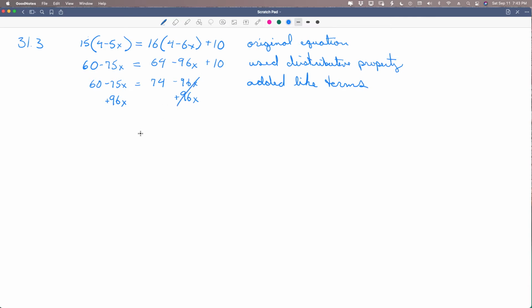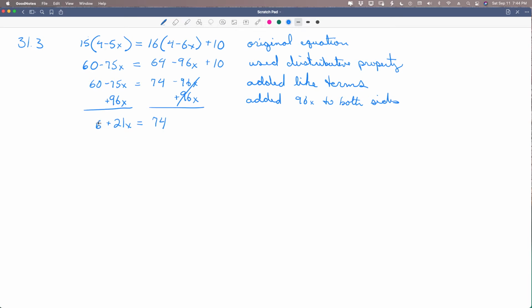It cancels out. Added 96x to both sides. All right, so this is going to be 60, and this is going to be plus 21x. Equals, we'll bring our 74 down.